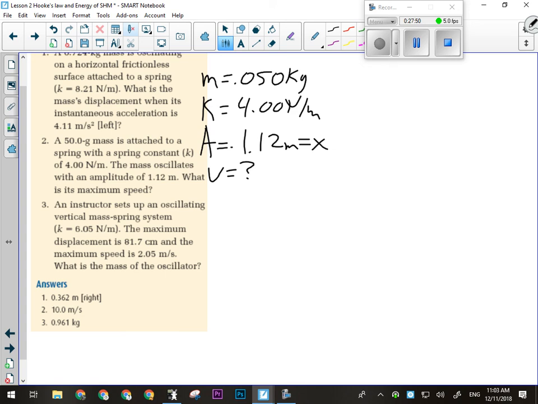Not work energy, but conservation. I want to use the law of conservation of energy here. At the maximum amplitude, what kind of energy does this mass have? Just potential. That's where the spring is most stretched or most compressed and the speed is 0. It wants me to compare that to the point where it has its maximum speed, which is where?